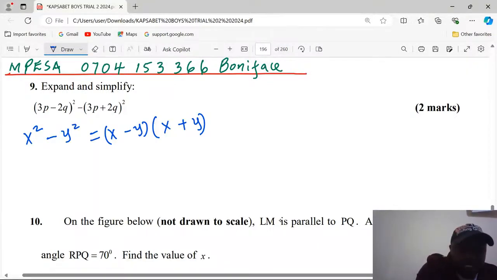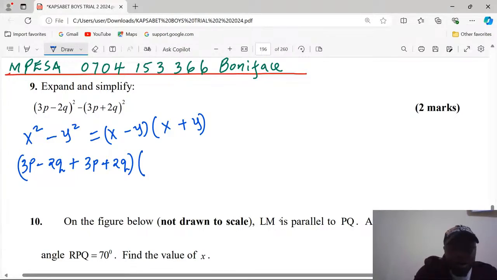The square root of the first term is 3p minus 2q, then plus square root of the second term, 3p plus 2q, and I have the same, but now subtracted. Square root of the first term will be 3p minus 2q, then minus square root of the second part, 3p plus 2q.